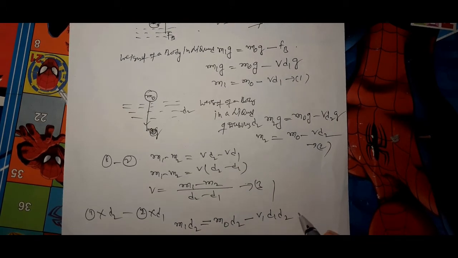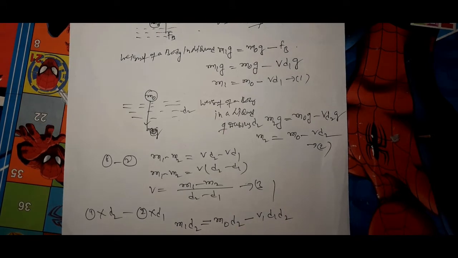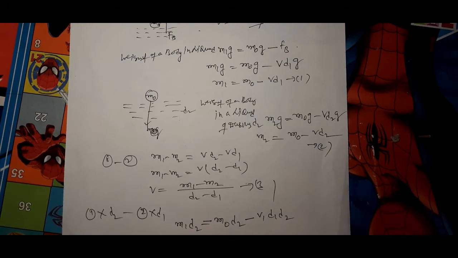Multiply equation 2 with d1: m2 d1 is equal to m0 d1 minus V d1 d2.